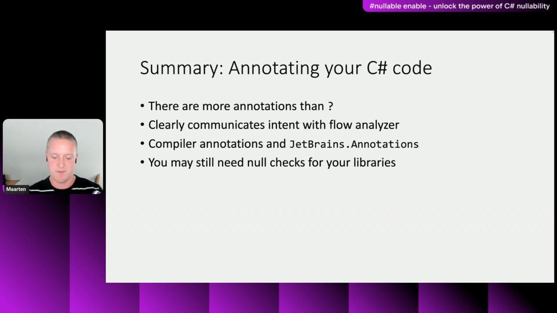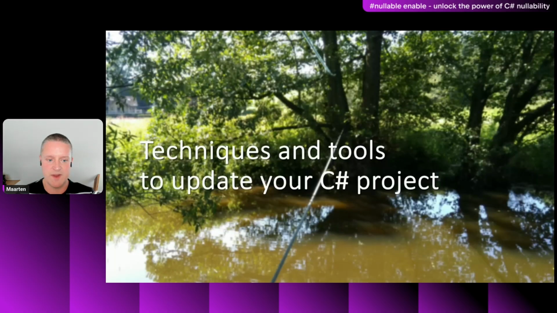Use them because they can clearly communicate the intent of what you're trying to do in your code with the compiler, with the IDE, and so on. There's compiler annotations that are good. There's JetBrains annotations if you're using JetBrains IDEs. And if you're shipping code that is consumed by others, you may still want to add null checks for your libraries just to make sure that you don't end up in a failure condition in code.